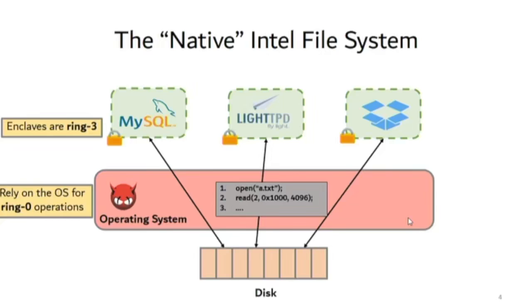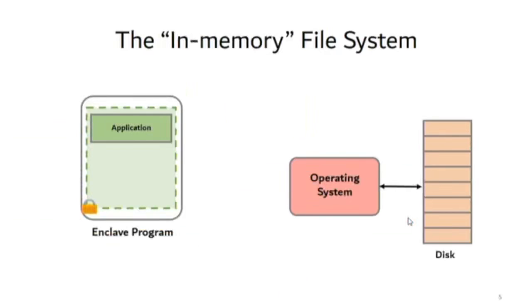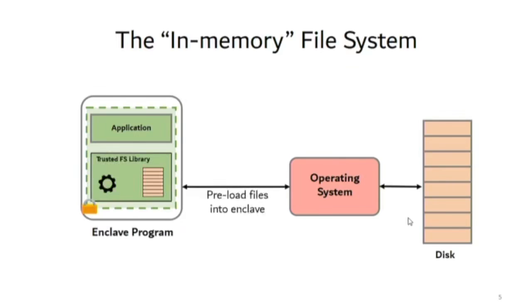Well, SGX has been there for almost 2 years, so this is not a new problem. People already know about this problem. A lot of people in academic research propose a new file system which they call the in-memory file system. What would happen is, instead of reading from the operating system during program execution, the process is going to preload all the required files into the enclave and save them within the enclave memory space.